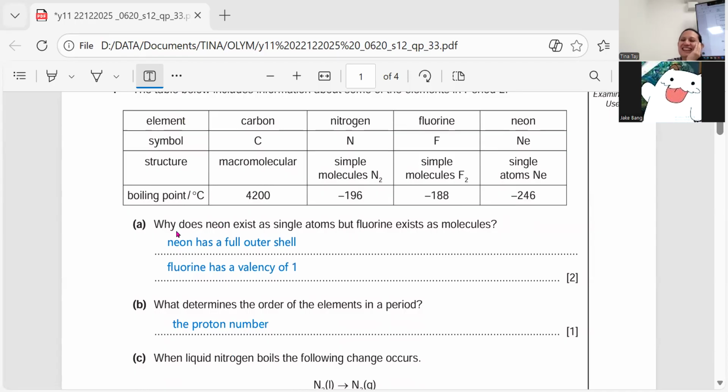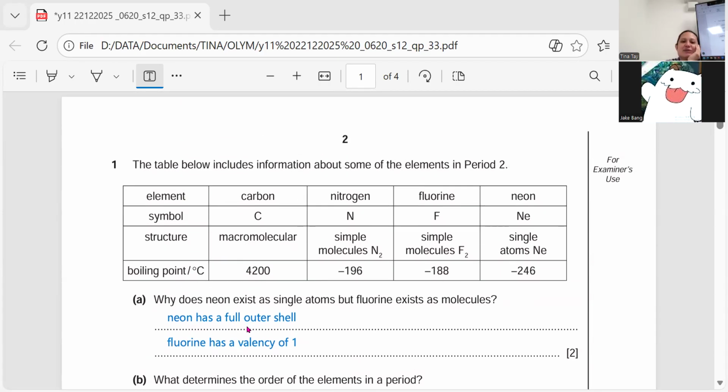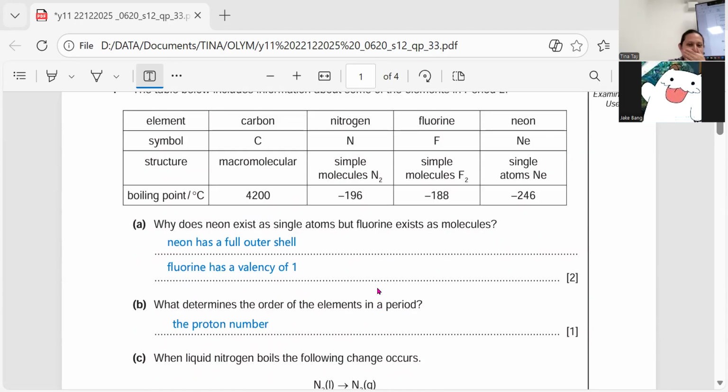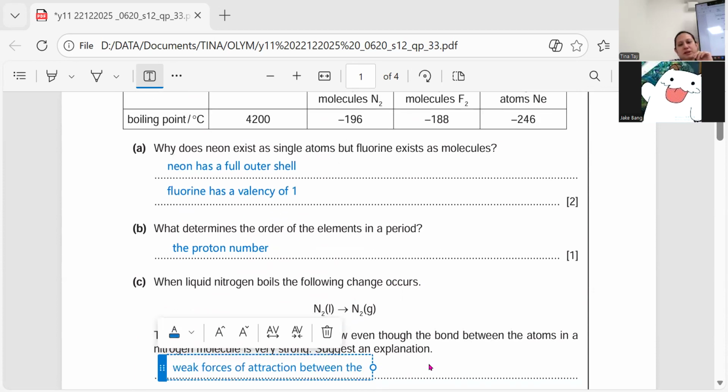Why does neon exist as a single atom while fluorine exists as a molecule? Neon has a full outer shell. Fluorine has a valency of 1. The elements are arranged according to proton number.